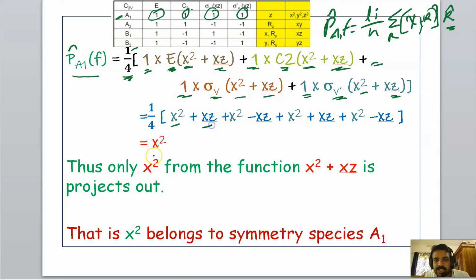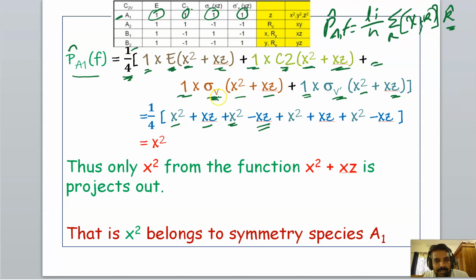during E operation x square and xz remain the same, so x square plus xz, and 1 into C2 into x square. During C2 operation x becomes minus x, so x square is equal to x square itself, so it is again x square. And C2 acting on xz, x becomes minus x, therefore C2 acting on xz becomes minus xz. Next sigma v, x becomes x itself.